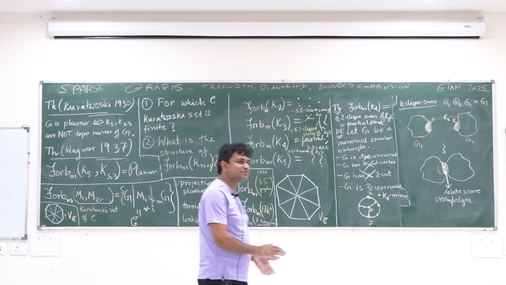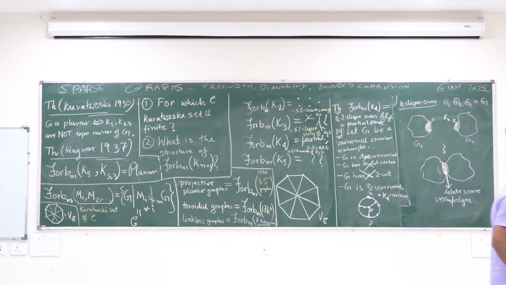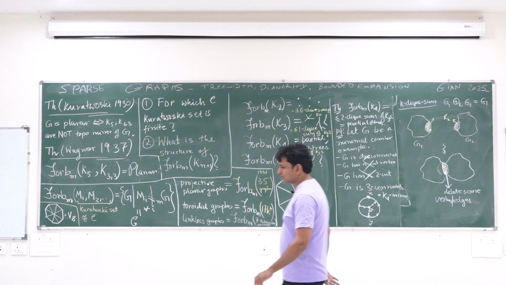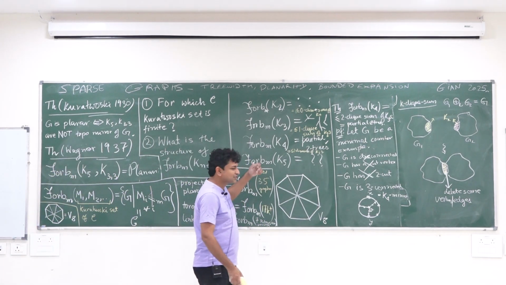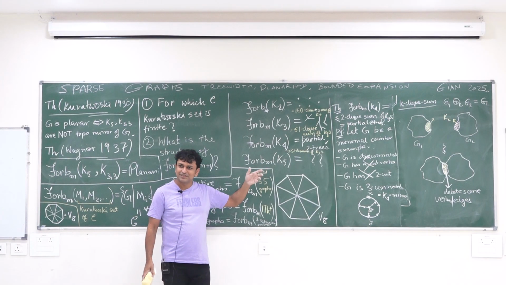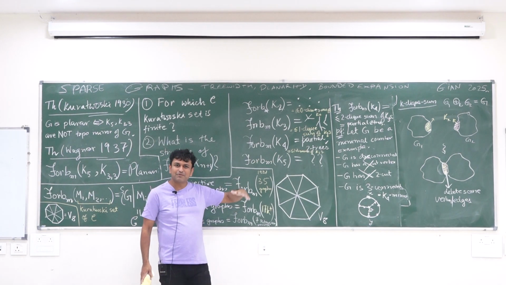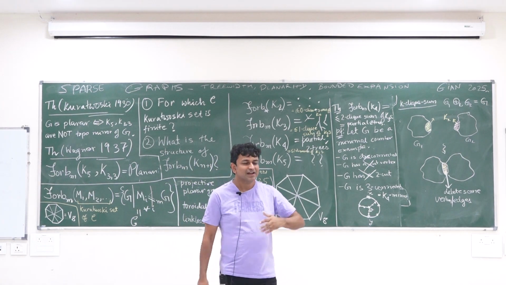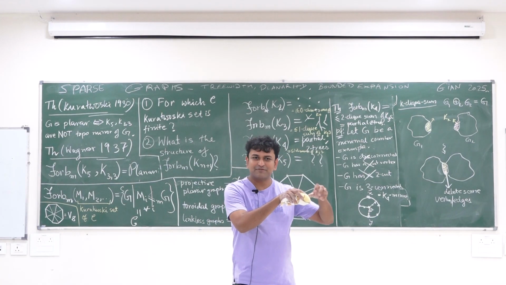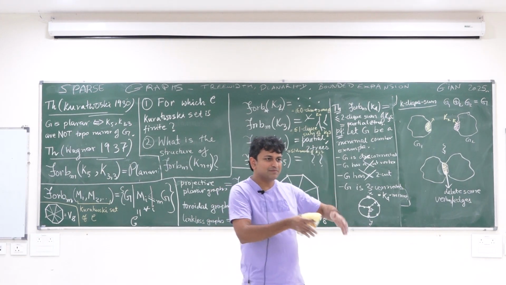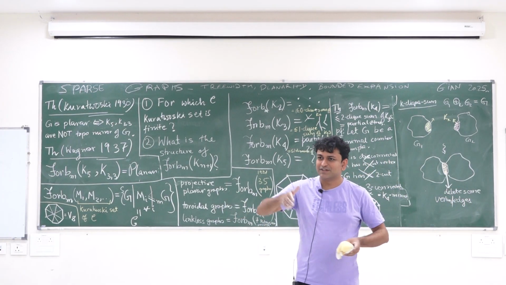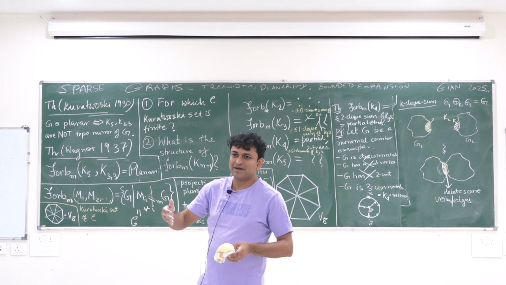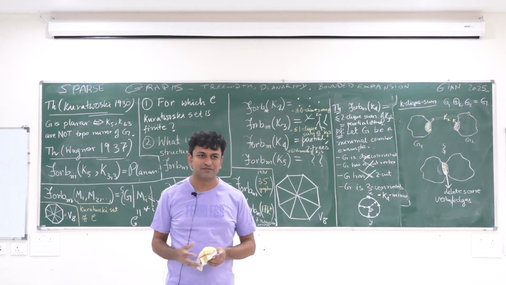Does it work anymore? So I'll tell you the answer that it doesn't. It fails. It starts failing from K5. And that's one reason why planar graphs are so important, because many problems in practice, you get a problem, you look at a sub-problem and continue to increase the difficulty, and once you reach planar graphs, many times it becomes very, very difficult.